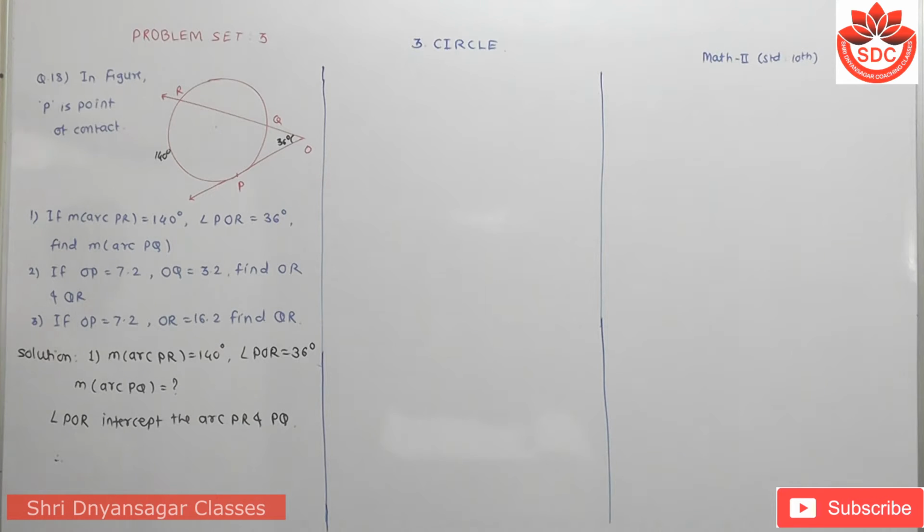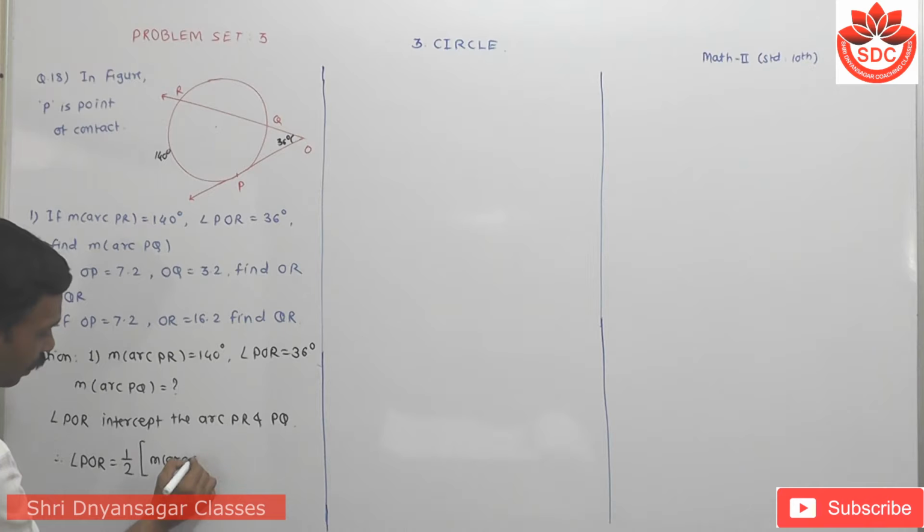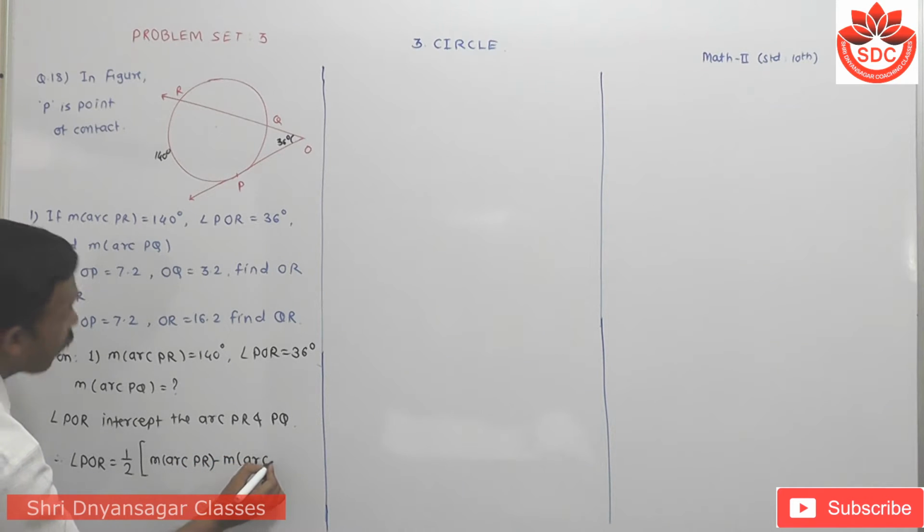Therefore, measure of angle POR is equal to half of the subtraction of these two, measure of arc PR minus measure of arc PQ.